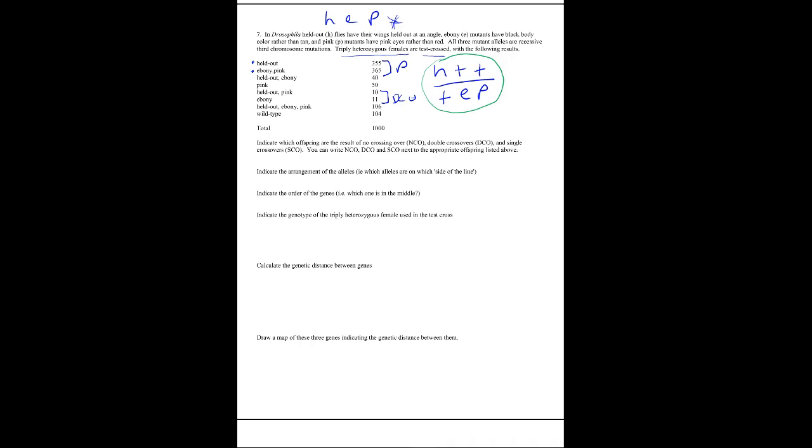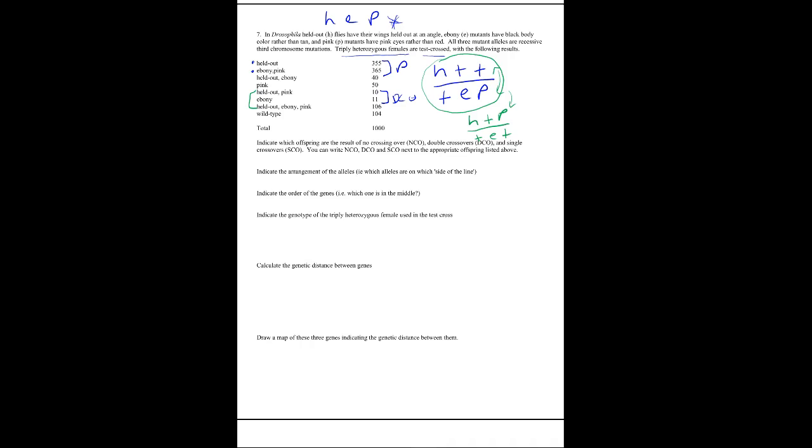But what I'm going to do instead for now is take these double crossovers and write them out, so it's H and P together. If I write them in the same order, they're like this. Now, which of these had to switch sides to give us this? Well, if H switches sides, then we get H, E, and P together on one side, and that's not it.